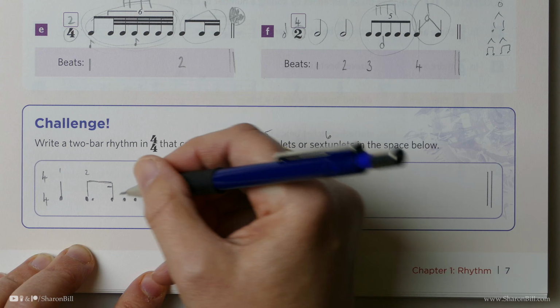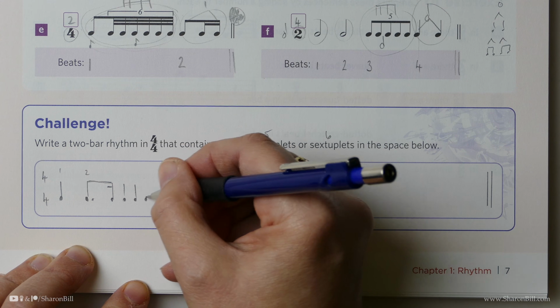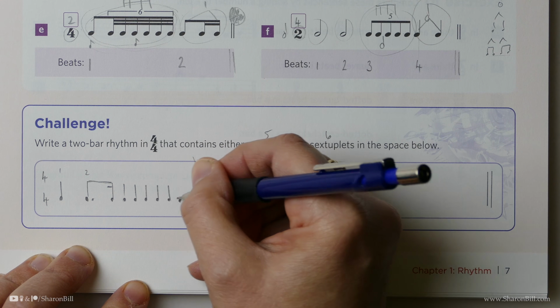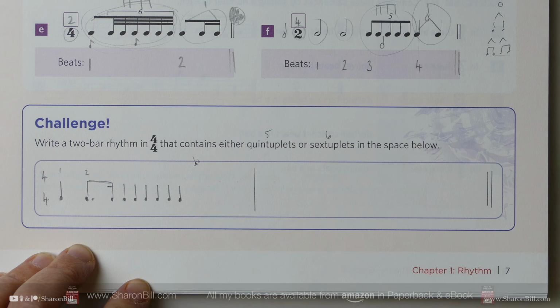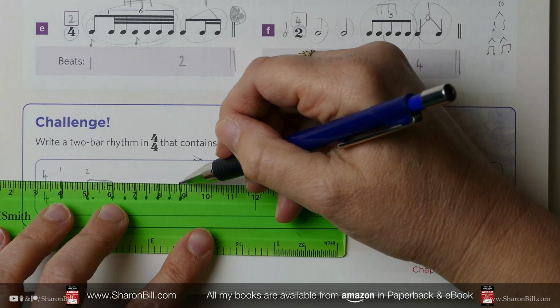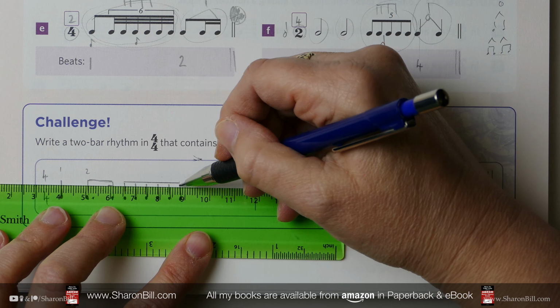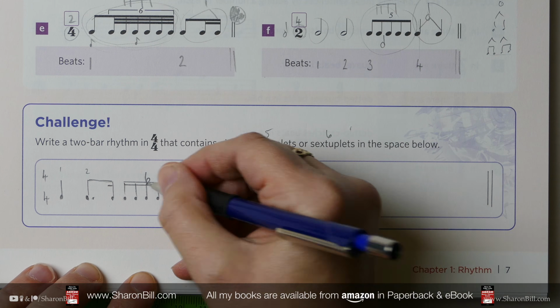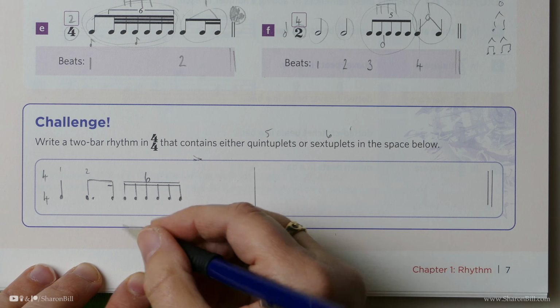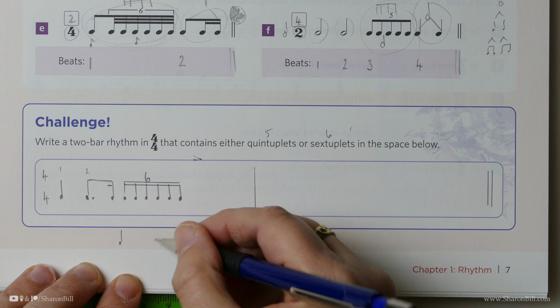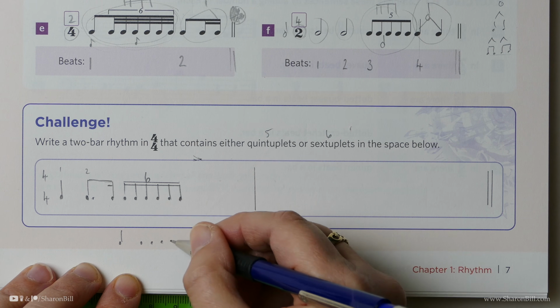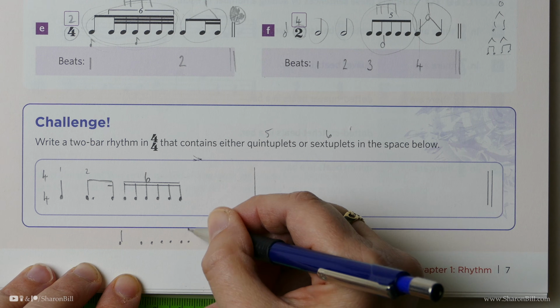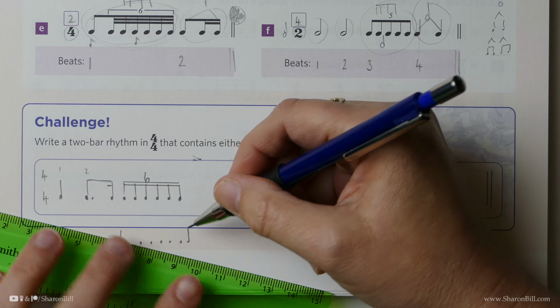In order for these to be a crotchet beat's worth, 6 in the time of 4, it's going to have to be semiquavers, because 4 semiquavers make a crotchet beat. I guess you could do a quaver and then 1, 2, 3, 4, 5, 6. I just beam all of those together.